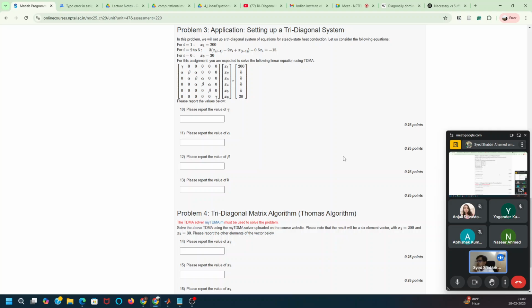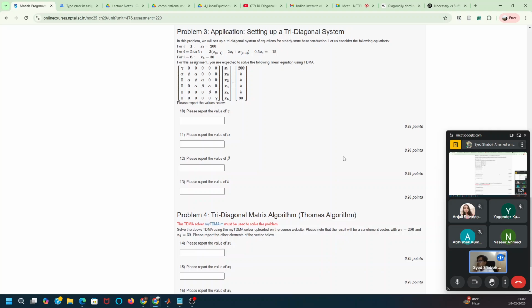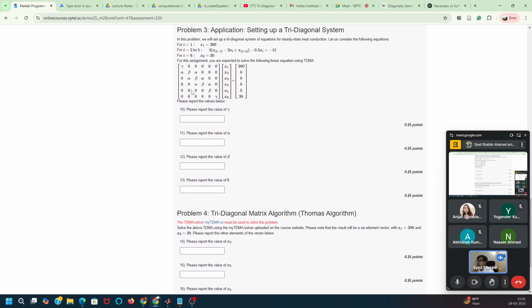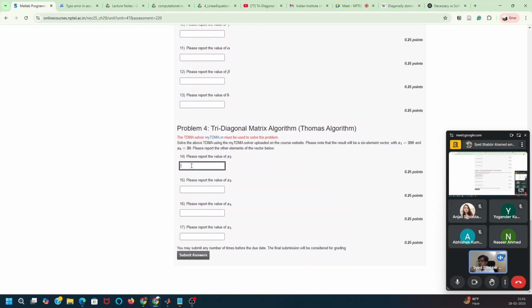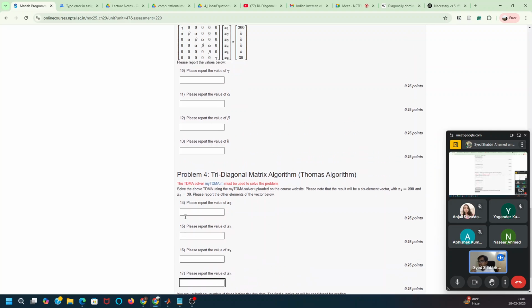So do one thing: you just take the correct matrix system. Whatever is given here as 0 and 0 should be alpha and alpha. So you take the correct system of equations and do the solution. Whatever answers you get, you submit it here.